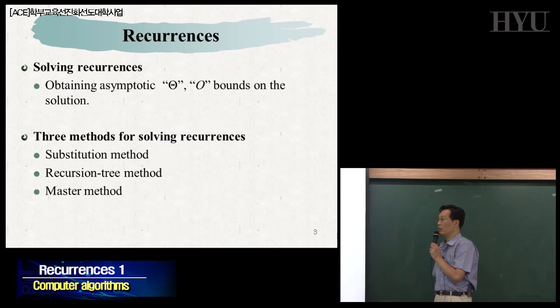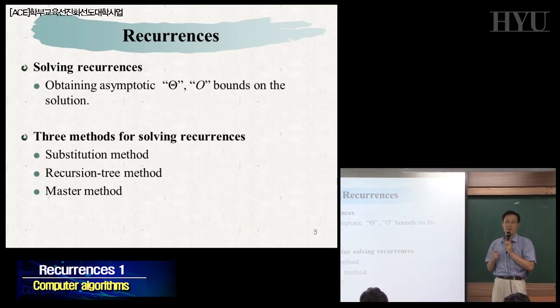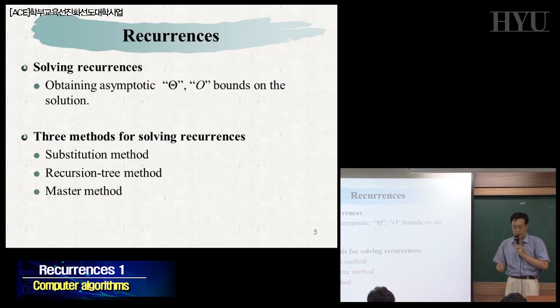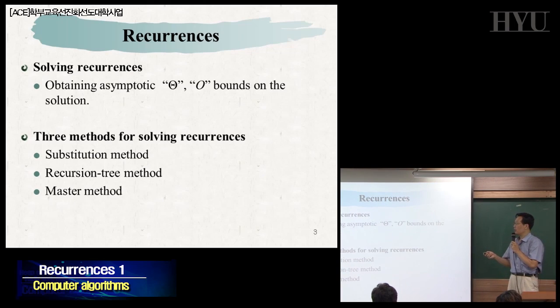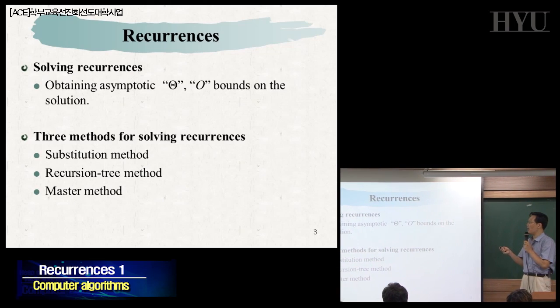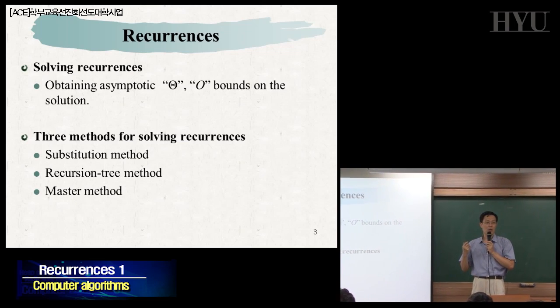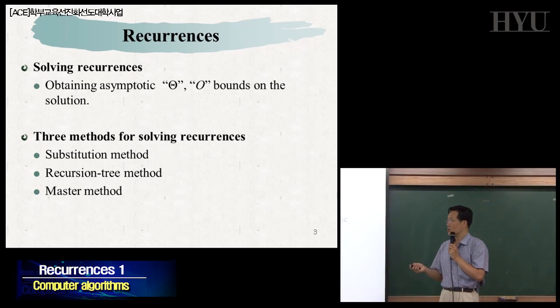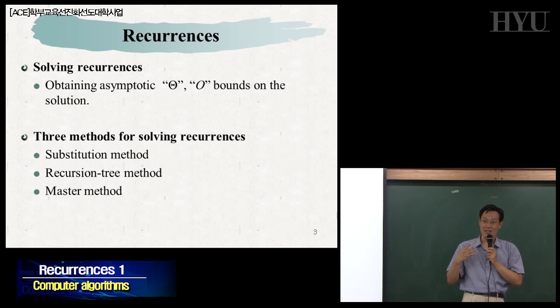In this chapter, I'll explain how to solve recurrences. Solving recurrences means obtaining asymptotic bounds on the solution. Asymptotic bounds are big O, omega, or theta, which I explained in the last lecture.